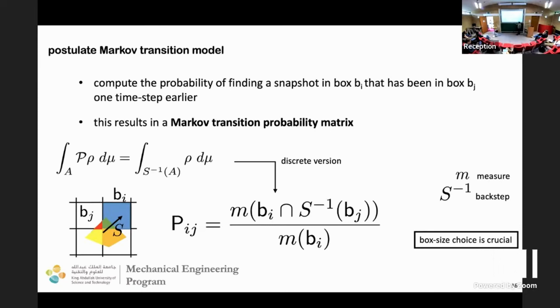So if this is i and this is the choice of j, basically taking this little red piece and evaluating that, because that one will end up in here. And the probability of going from here to there is given by the area of this little red triangle divided by the area of the green one. Okay. So this is a discrete finite volume version of a conservation law in phase space.